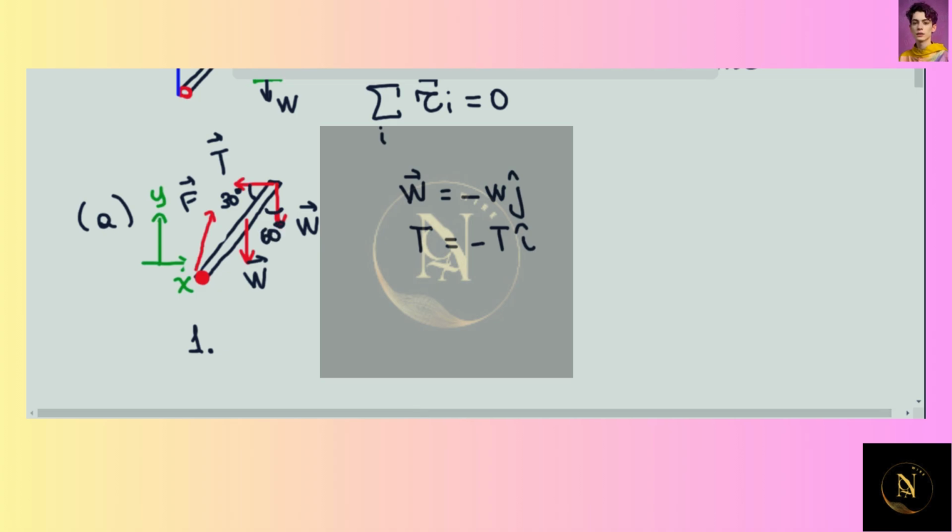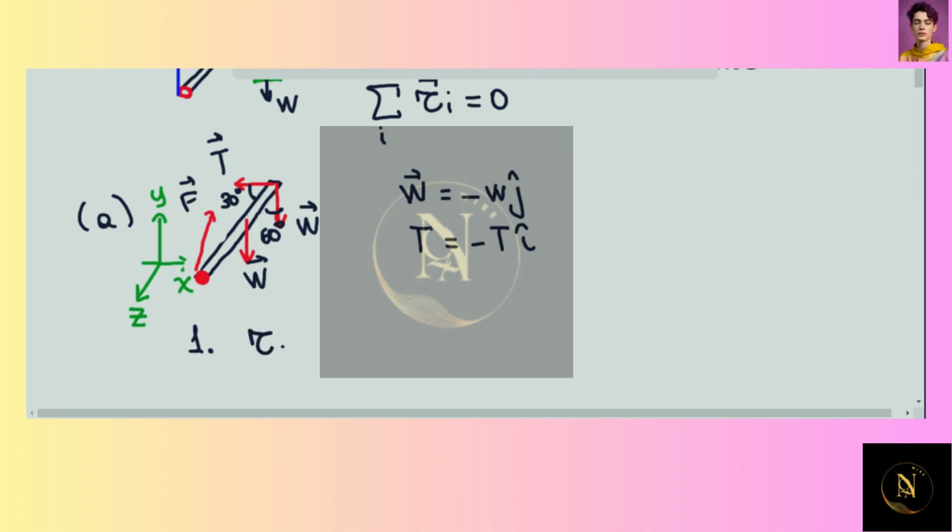And by the right hand rule, the direction of the torque coming from the tension on the rope is in the z direction, given that the z direction is coming out of the screen. I'm going to consider this the positive direction, and the negative z direction the negative direction.